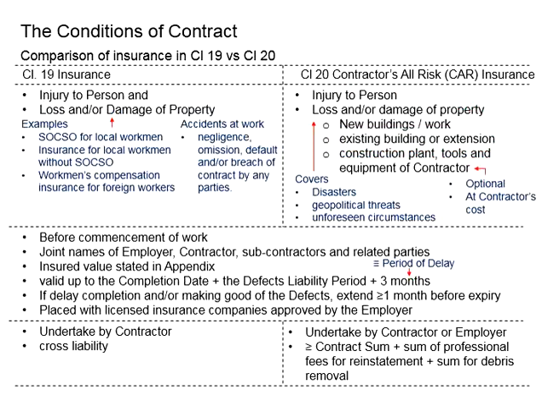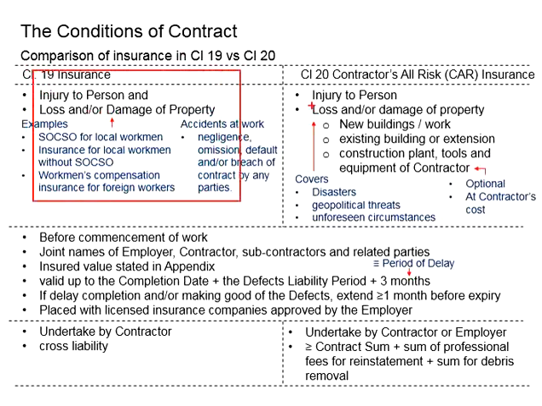In the case that the contractor would like to insure the construction plans, tools and equipment of the contractor, it may be topped up at the contractor's cost. The number 2 and the number 3 are optional depending on the situations.